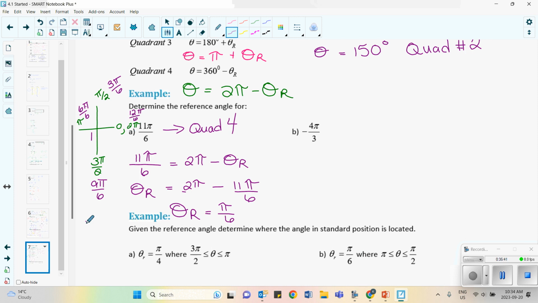We know that we've gone around more, like you change 4/3 to a decimal, you get negative 1.3 repeating. So we know we've gone around at least 1 pi. So if I'm traveling in the negative direction, I know I've gone around at least there, right? And then I'm going a little bit past that.